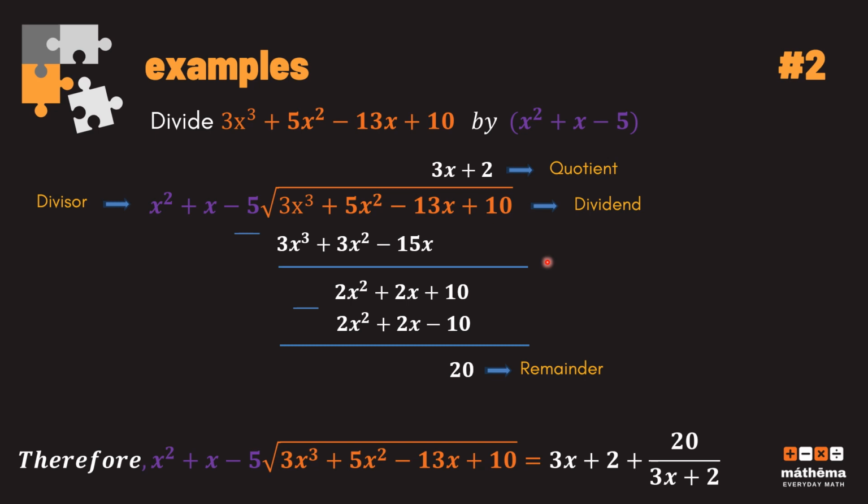Therefore, 3x cubed plus 5x squared minus 13x plus 10 divided by x squared plus x minus 5 will give us 3x plus 2 plus 20 over x squared plus x minus 5.